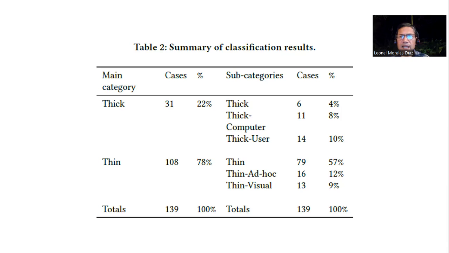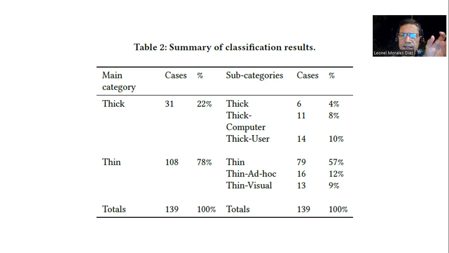I found that 78% of all the different definitions, unique definitions I mean, are thin definitions, which comprises 108 definitions, and only 22%, that's 31 cases, are thick definitions.